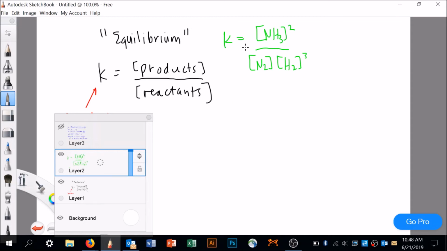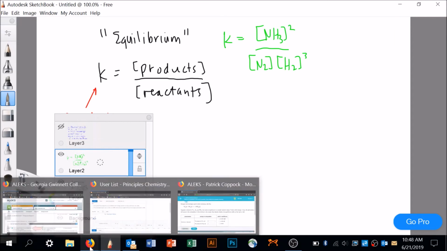So you can see that if this system's in equilibrium, if I add ammonia, then these two are going to go up, right? If I add nitrogen, this one's going to go down in order to release the pressure, and that one's going to go up.